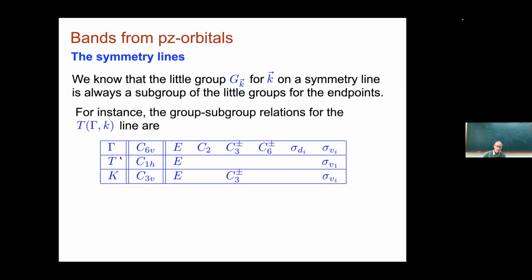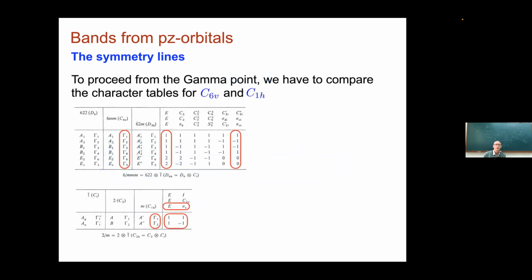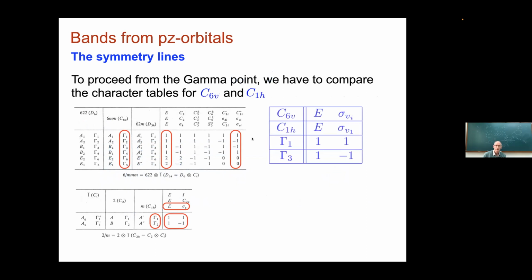So I have this point group and I have this point group. The idea is that any irrep of this big group is going to subduce an irrep or a sum of irreps for this one. How do I do it? Just by identifying the two things.